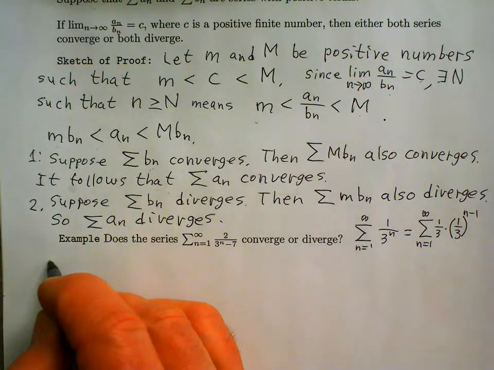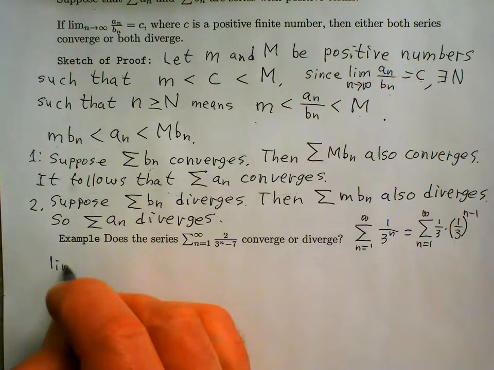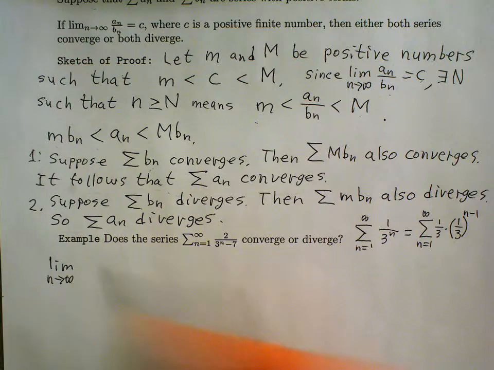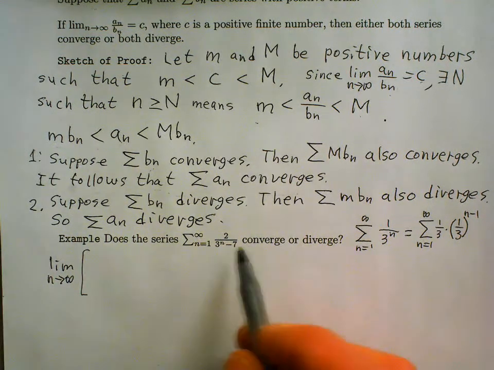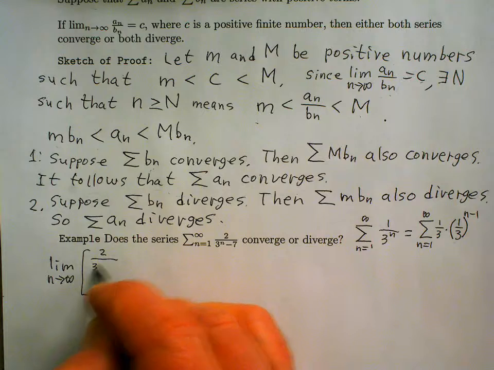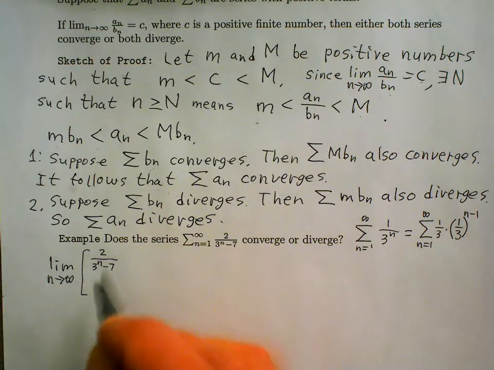So if we compute the limit as n approaches infinity, in the numerator I'll put 2 over 3 to the n minus 7, and in the denominator 1 over 3 to the n.